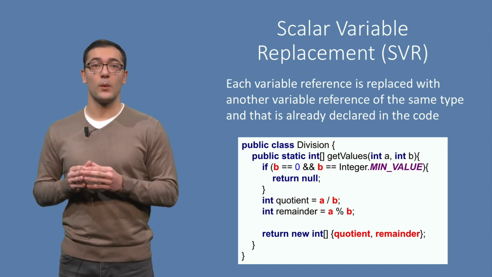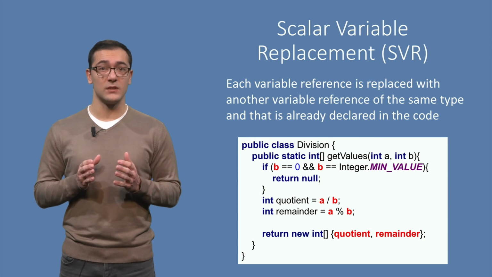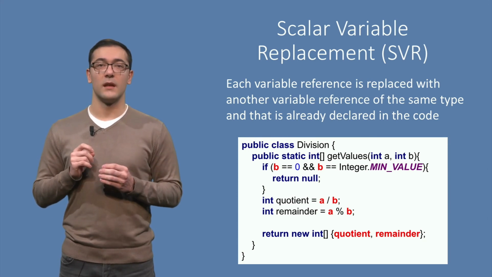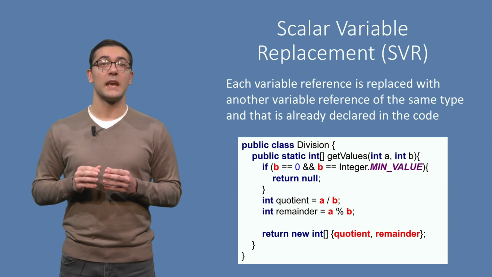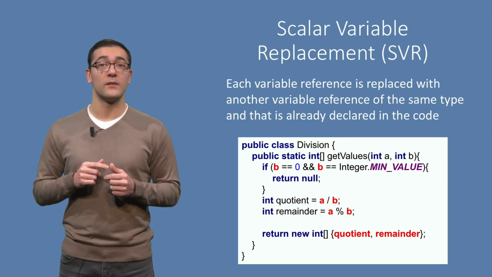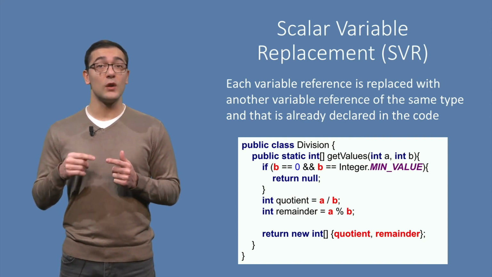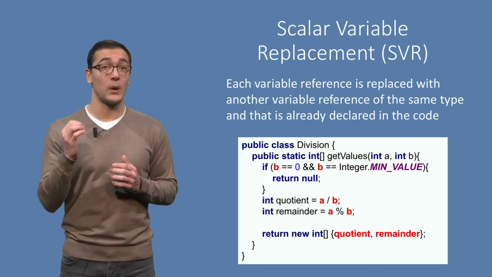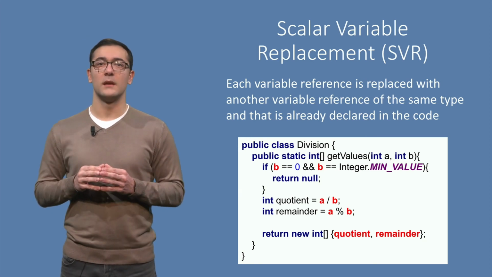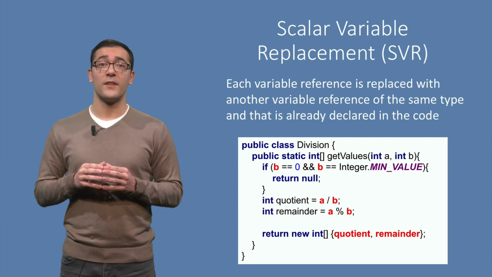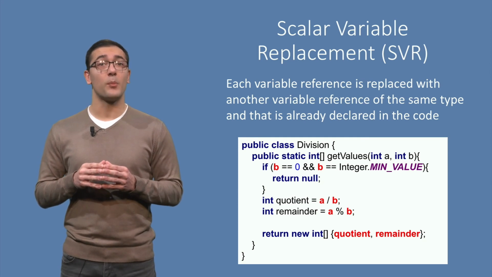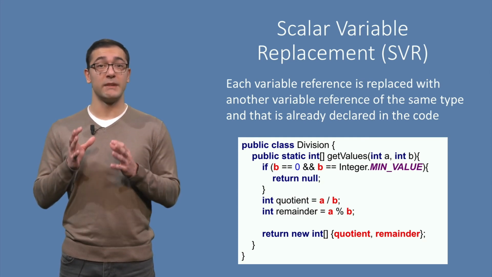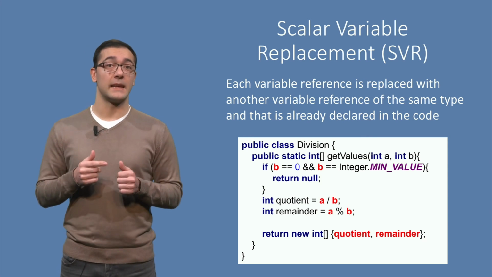In our example, we have 8 locations that can be mutated. In the if condition, we can replace the variable b with the variable a, which is the only one defined at that point in the code. In the last line, the variable quotient can be replaced by all variables already defined in the code, like a, b, and remainder.